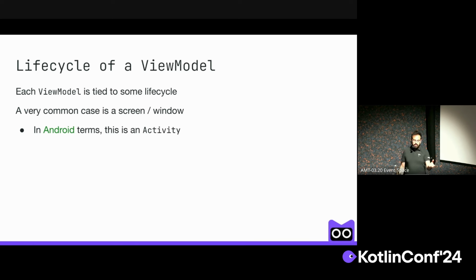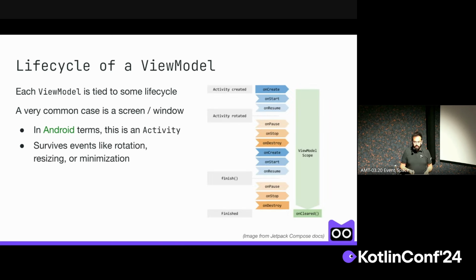As I said, the view model is tied to some life cycles. A very common one is a screen or a window. In Android, that's going to be an activity, but if you use multiplatform, that may also mean, for example, your desktop window.